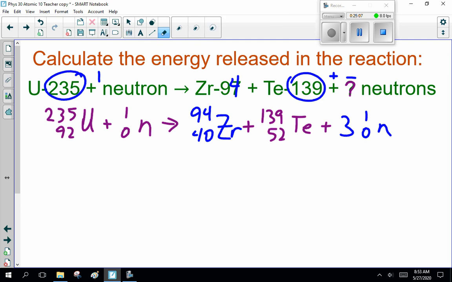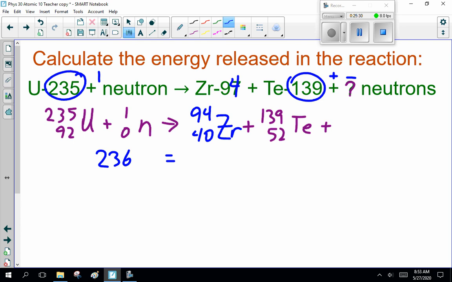So yeah, I've got to double check this. Let's do my math again. Now everybody grab your calculator because Mr. Sutton's getting old and he's punishing you. 235 plus 1 is 236 nucleons over here.